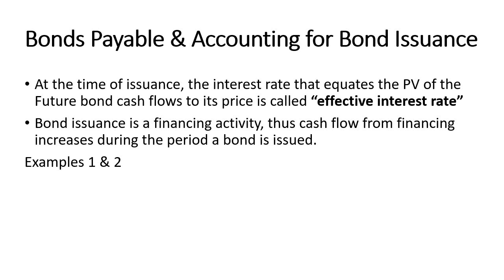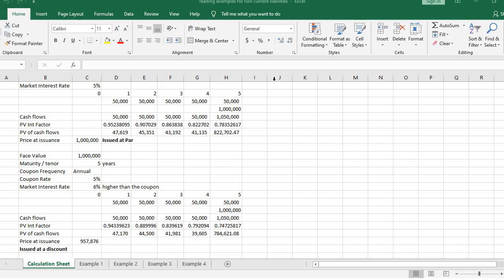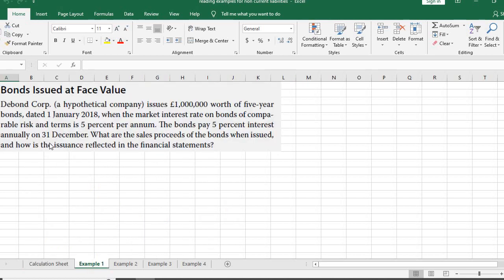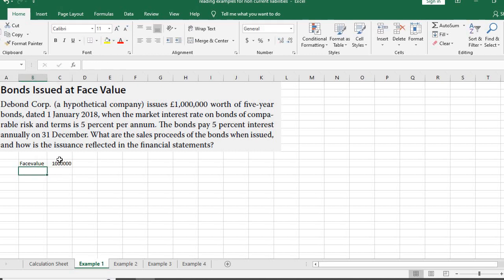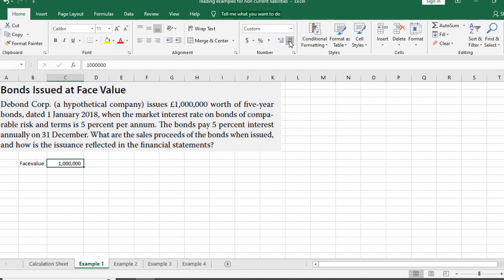Just to recap, let's go through an example. There's a company that has issued a £1 million face value bond. Face value is 1 million. We're going to go through this example just to recap on what we had previously done.